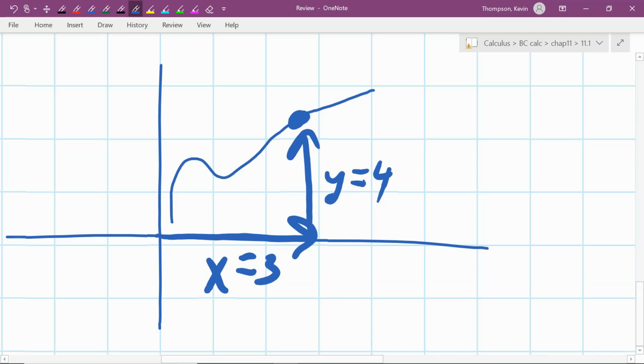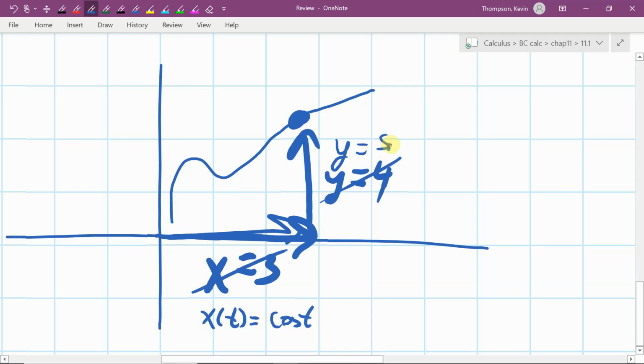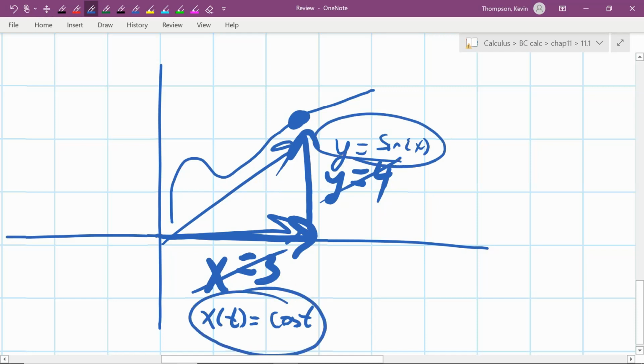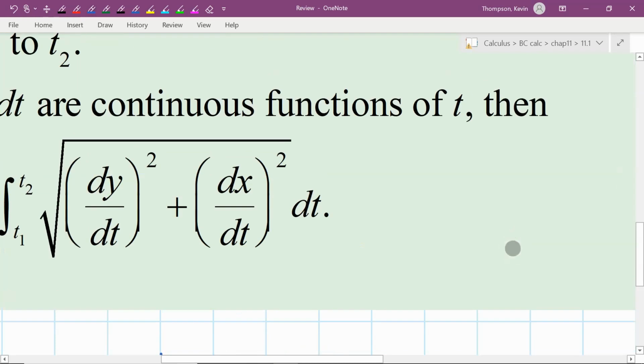So that means if I'm wanting to find the length of a parametric, it shouldn't really look much different, right? The primary difference is that the x distance is some function, like a cosine function or a sine function. The y distance could be something like that as well, which means when I start thinking about the hypotenuse, it's still going to be Pythagorean theorem, except there's not going to be a constant here when we rearrange it.